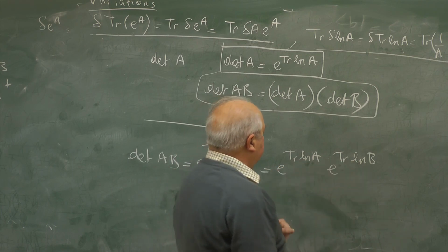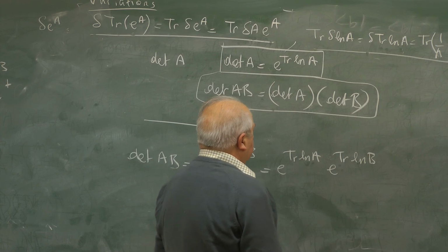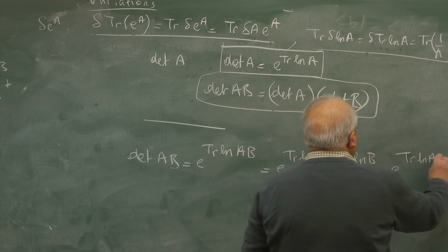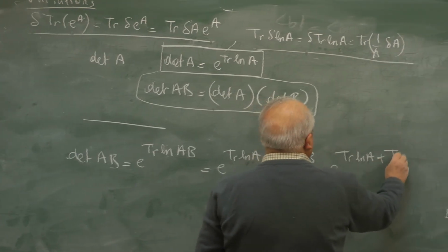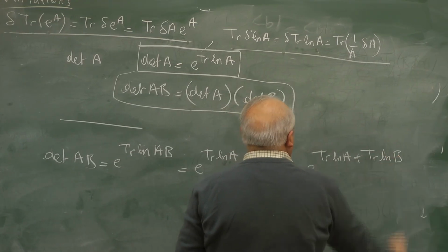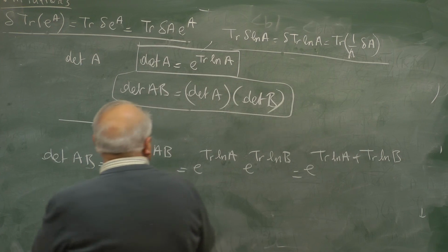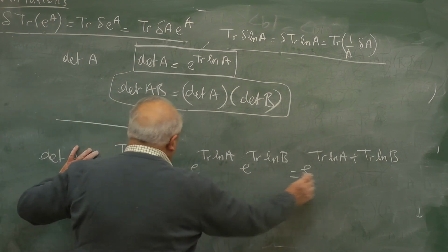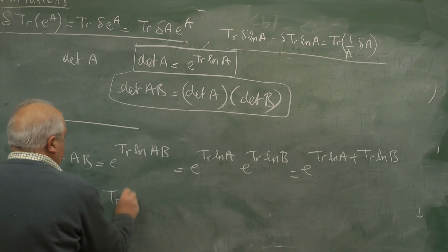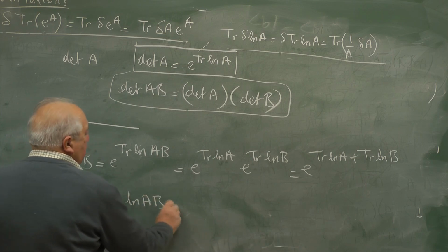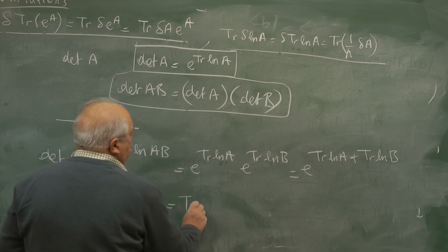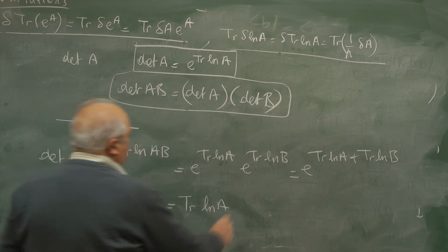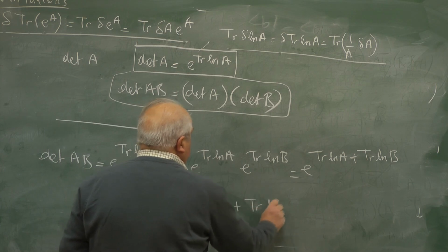Trace log B is a number. So these are numbers. So this is simply e to the trace log A plus trace log B. So if you just take the log of these, you obtain trace log AB is equal to trace log A plus trace log B.